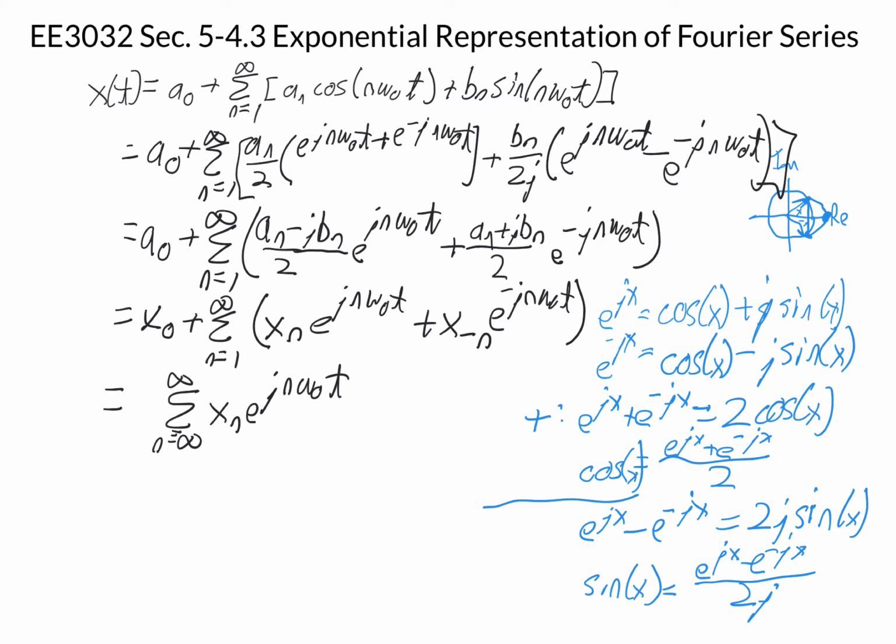So there's a one-to-one correspondence between this line and the previous line. The x of 0 term is captured when n is 0. When n is positive, I have the 1 through infinity terms right here. And when n is negative, I also have these terms. So I've just written them as negative n, and that way I only had to write this term once.